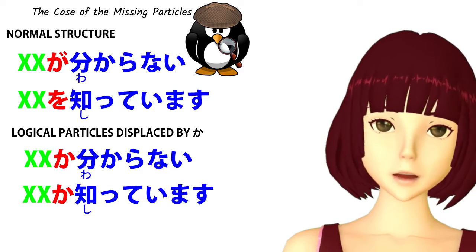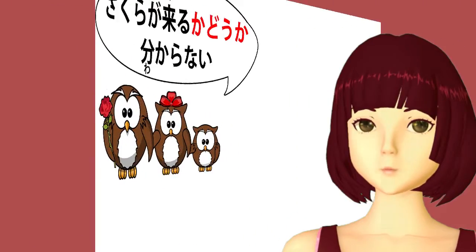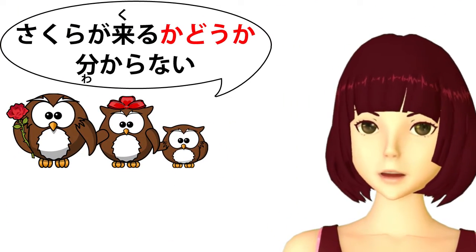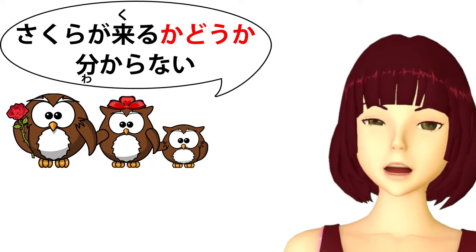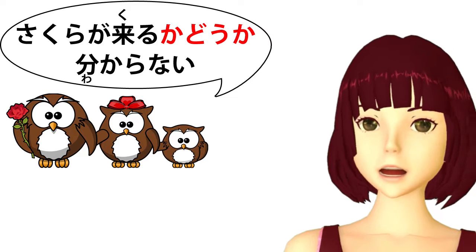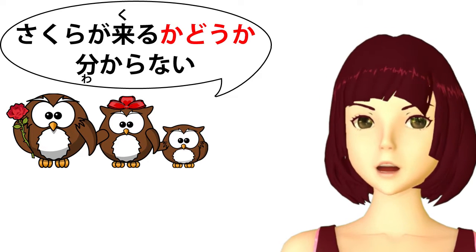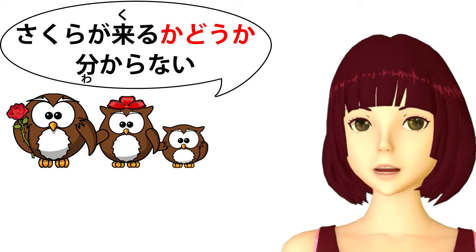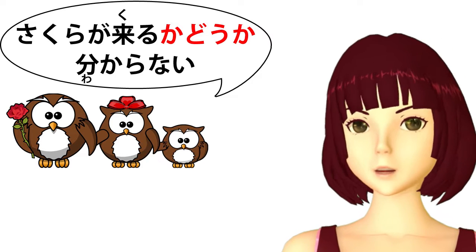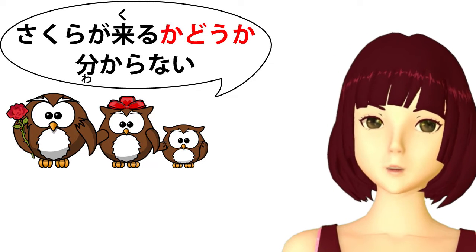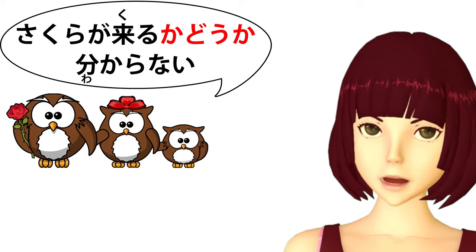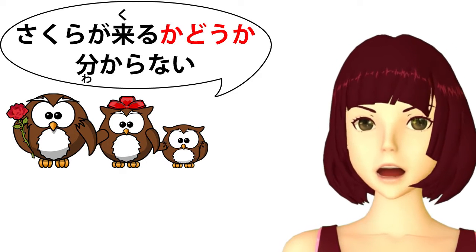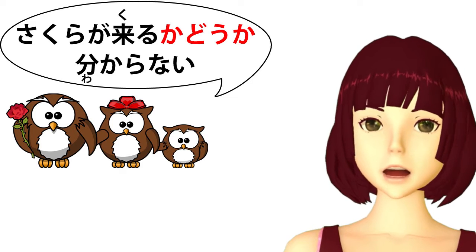Now, it also gets used in the common expression ka-do-ka. And although we can learn this as a glued together expression meaning whether or not, so Sakura ga kuru ka do ka wakaranai means I don't know whether Sakura's coming or not. In English that's how we'd say it, as opposed to Sakura ga kuru ka wakaranai.